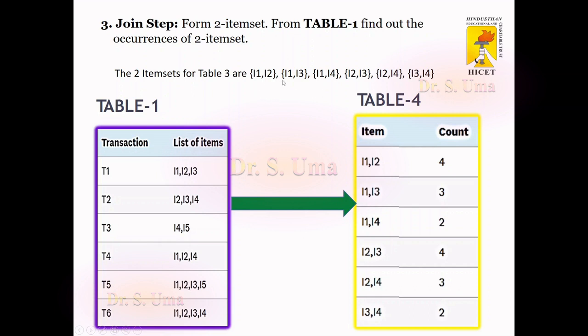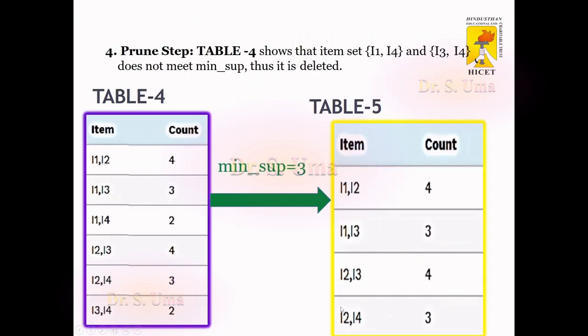They are I1 I2, I1 I3, I1 I4, I2 I3, I2 I4 and I3 I4. The number of occurrences of each of these two-item sets is given here based on the transaction table. Here we take the minimum support level 3. In order to prune this table, we are left with I1 I2, I1 I3, I2 I3 and I2 I4.